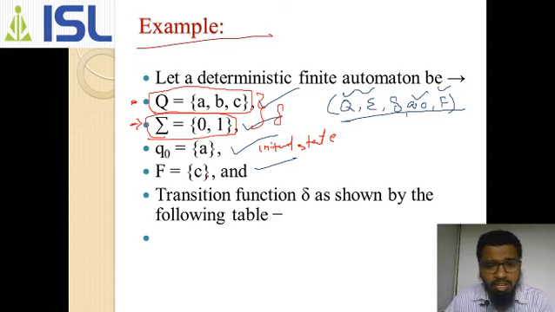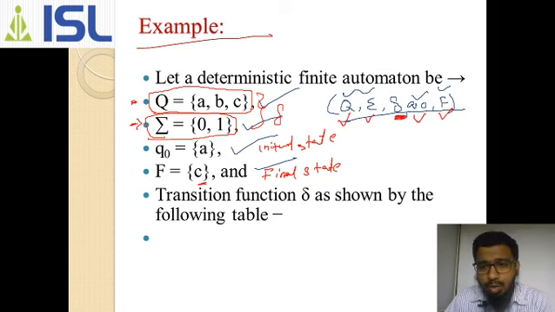Capital F is C. What is C? Final state. So we have the Q, we have the sigma, we have the Q0, we have the F, final state. But we need to do the delta function.